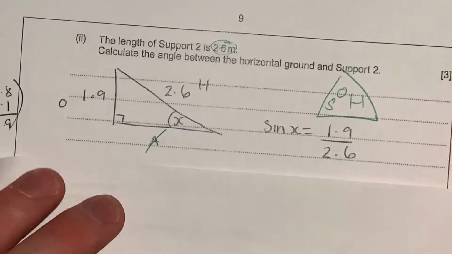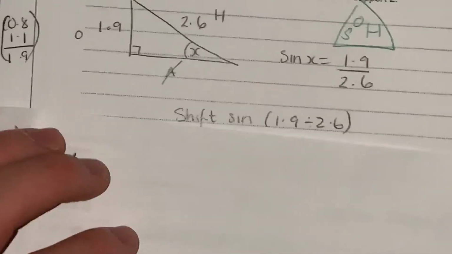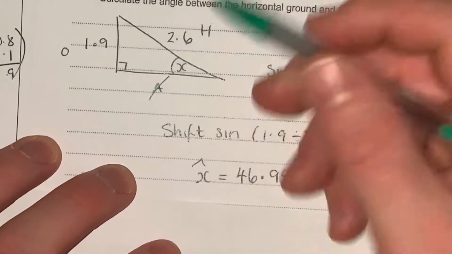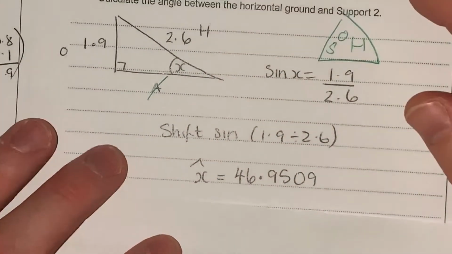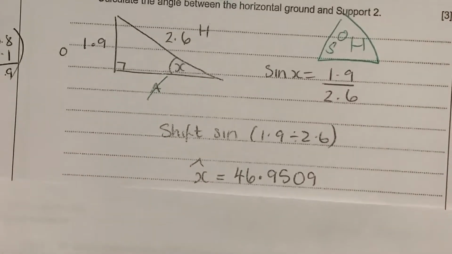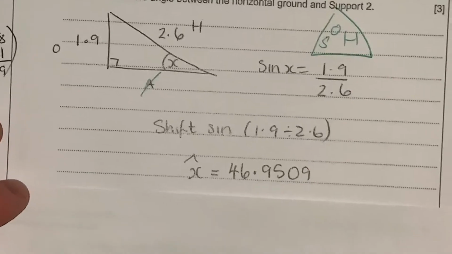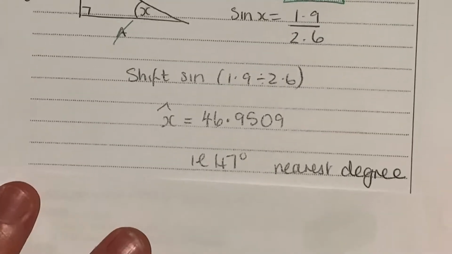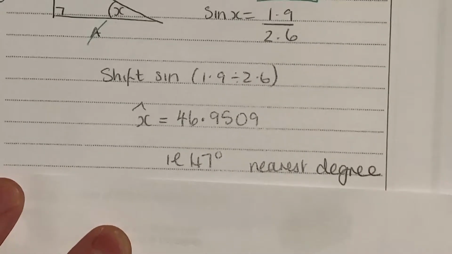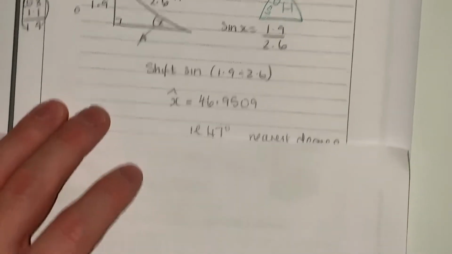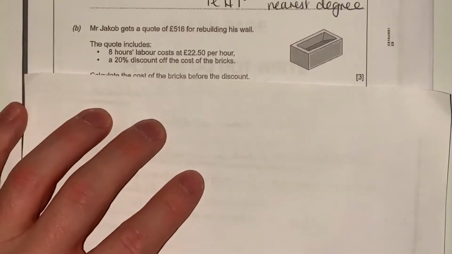Okay, substitute it into the formula, and off you go. Remember, whenever you're trying to find an angle, guys, it's always going to be to the power of a -1. So whether it's sine, cos, or tan. So the answer we have for our angle is going to be 47 degrees. Okay, quite lenient with your rounding though. Nice easy 3 marker.